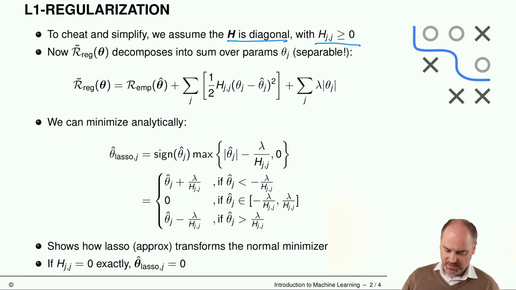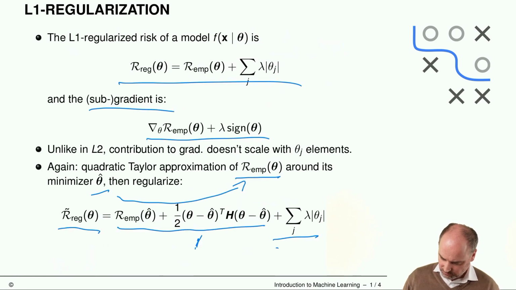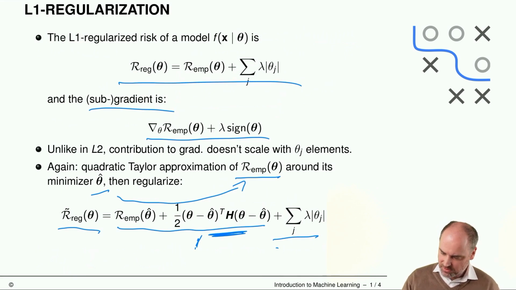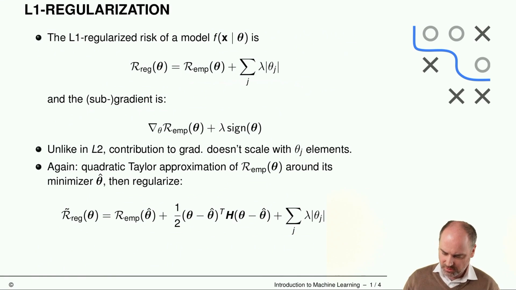The nice thing is now if we insert this diagonal structure here, so if H is diagonal, well, then this second part here simply looks like that, right? So it's simple to see. I'm not sure whether I have to explain that. Maybe I have to. So what happens here in this multiplication?